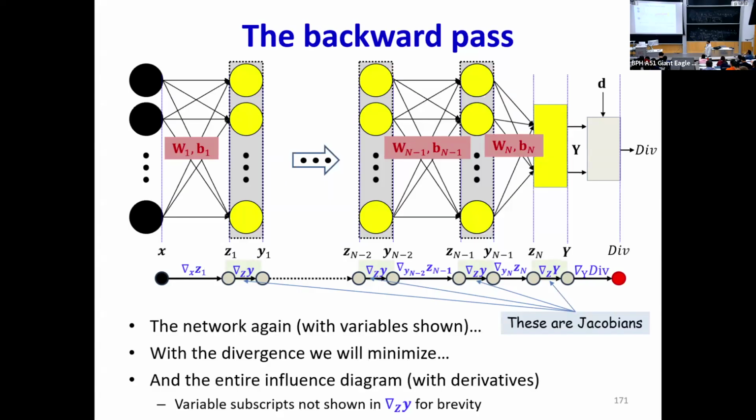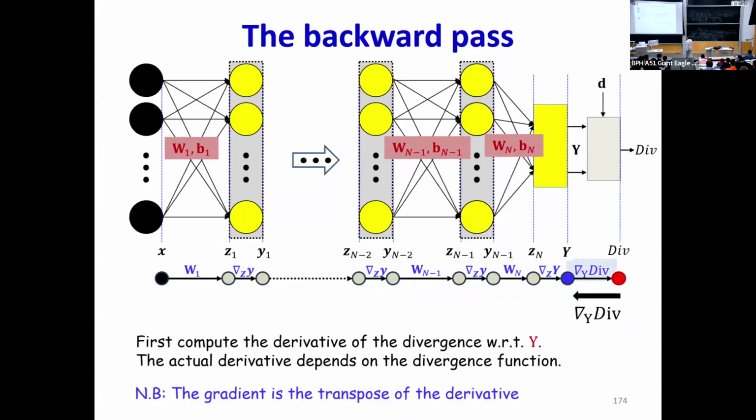And then what about these? What is the derivative of z with respect to y? Those are just the weights, correct? And so now I have the entire chain. I know exactly how to perform backpropagation at this point. We've already seen this. I start off over here. I already have the derivative for y.